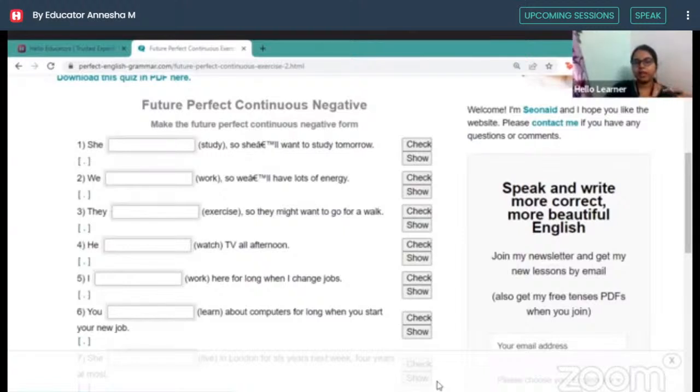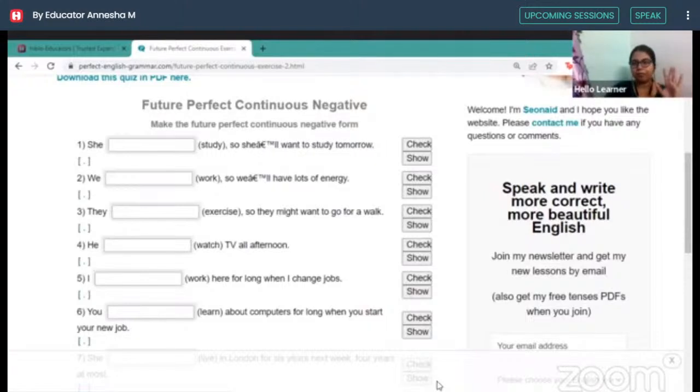The difference is when I am using the future perfect continuous tense, I want to show two things. Either I am describing for how long this action will have been happening till that point in the future. So I will have been teaching for 2 years by the time I turn something. Understood, Raji?